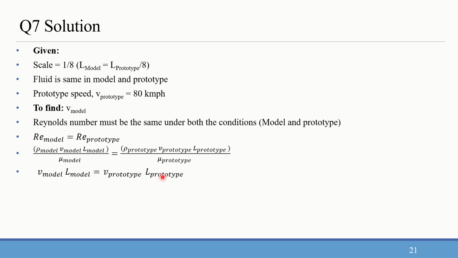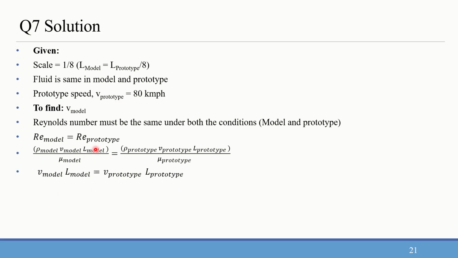Now rho model by mu model is equal to rho prototype by mu prototype. Why? Because it is given that the fluid is the same in model and prototype, and it is air. So rho by mu gets cancelled. Now we are left with V model into L model equal to V prototype into L prototype. So we are just equating V and L, and the ratio L model by L prototype is given as 1/8, and we are given the value of V prototype also.